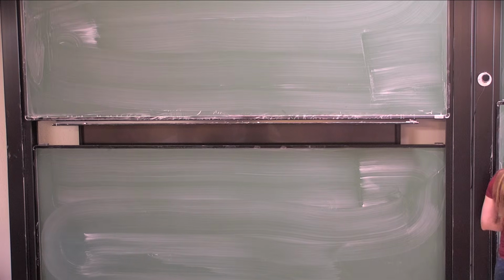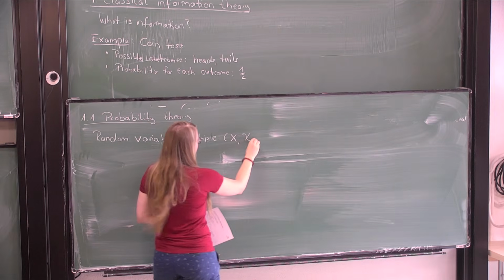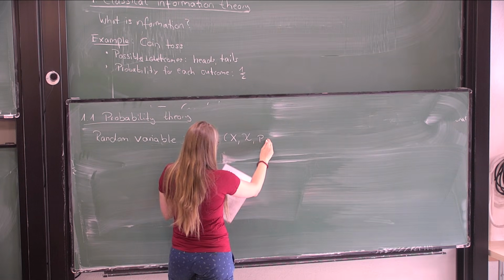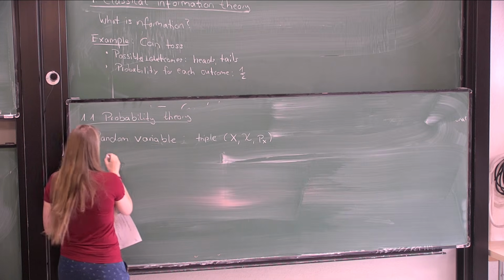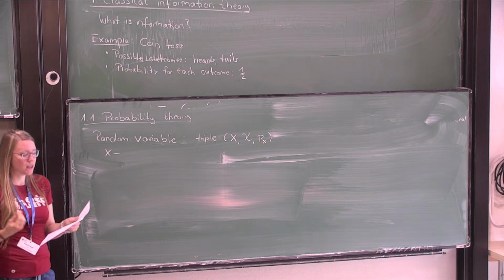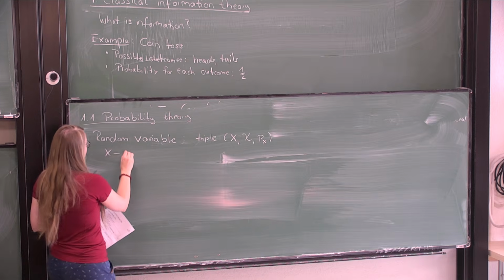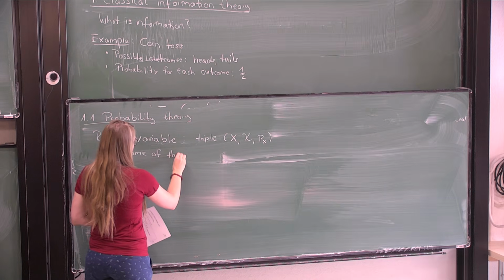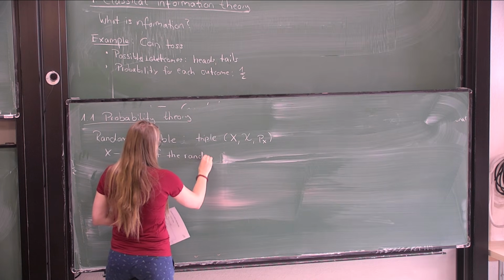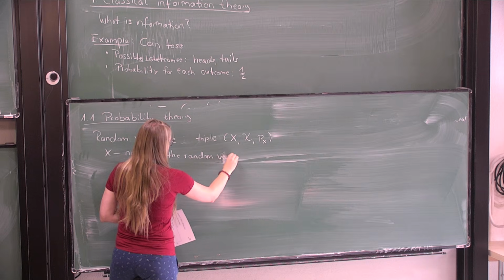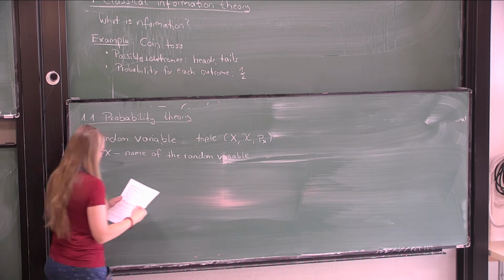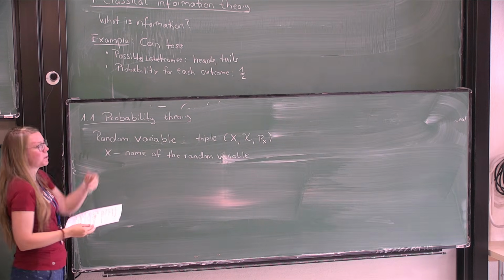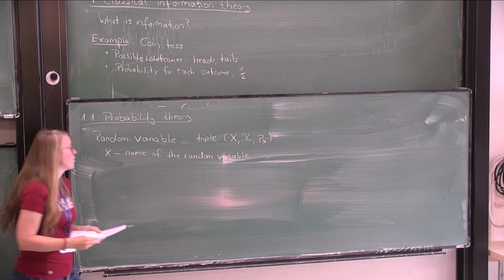And generally it's a triple: capital X, curly X, and P_X. Where the capital X is basically the name of the random variable. So in the example above, I would say X is the coin.